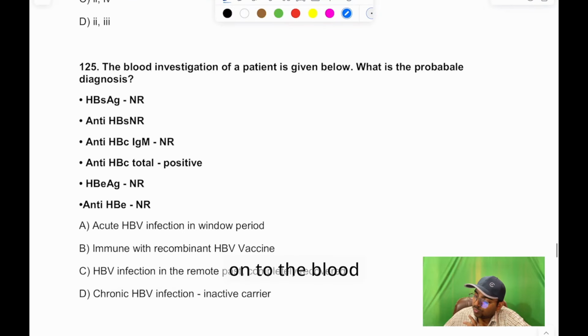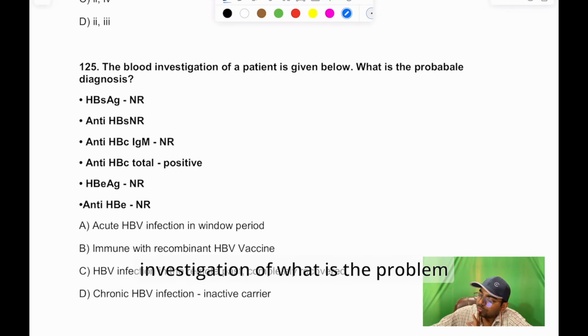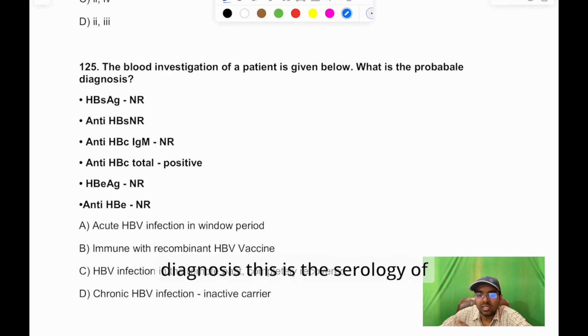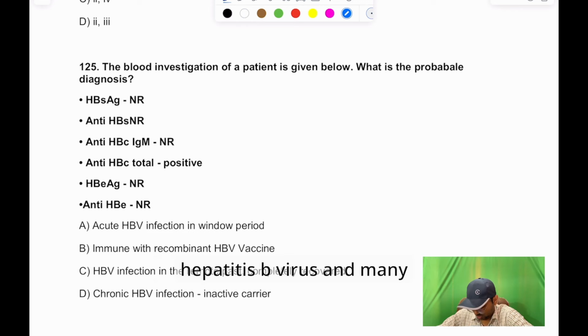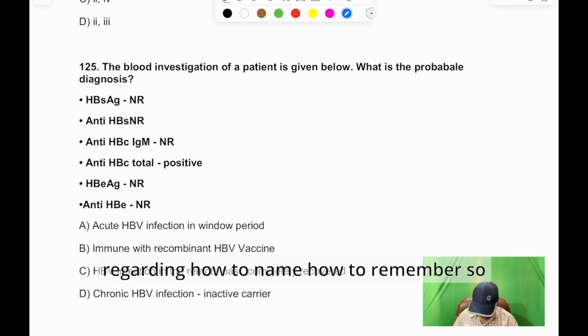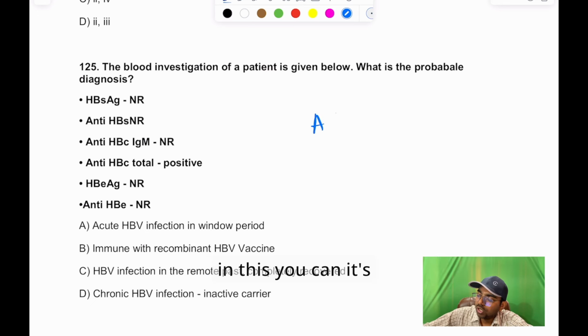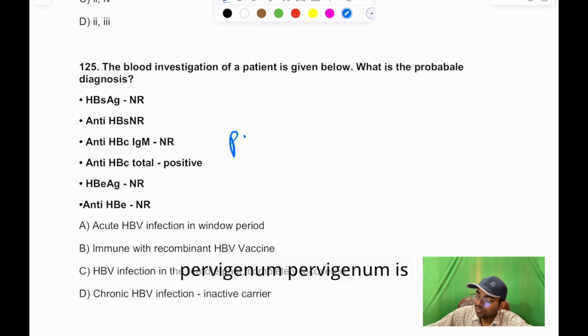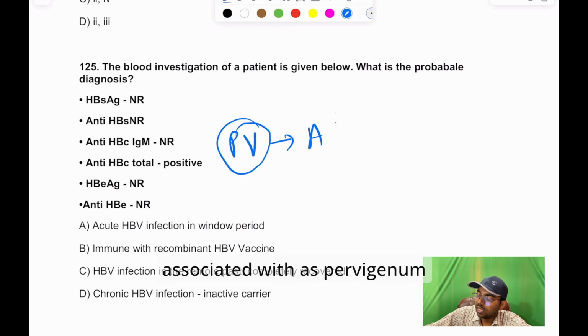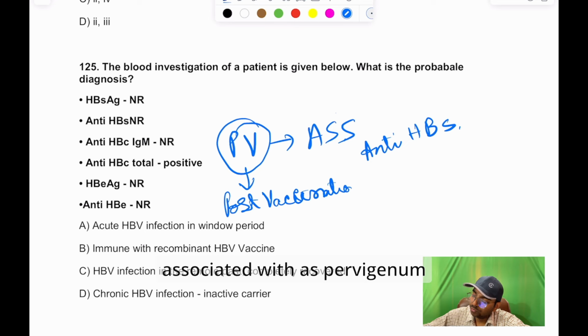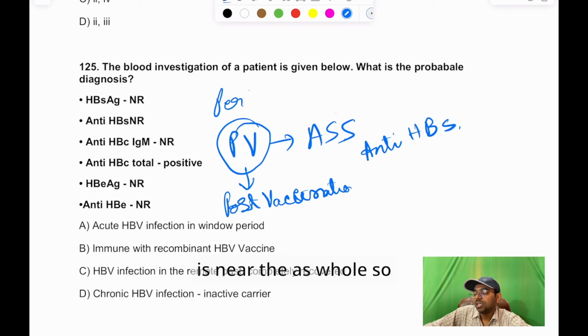Now we move on to the blood investigation of what is the probable diagnosis. See, this is the serology of hepatitis B virus, and many of the people are confused regarding how to name, how to remember. So in this you can, it's not a very clean, morbid mnemonic, but you can remember. Now per vaginum is associated with ass, so per vaginum is near the asshole.